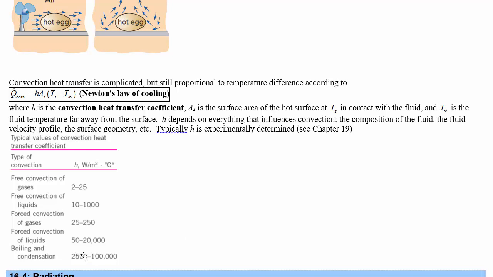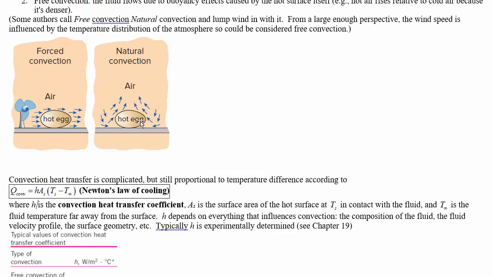For now, why boiling and condensation can be higher than the rest of the convection coefficients is because at the surface, when we don't have a phase change going on, we transfer heat from the egg out, and then as soon as the little bit of fluid outside gets to the same temperature, gets that heat, there's no more drive for the heat flow to happen.